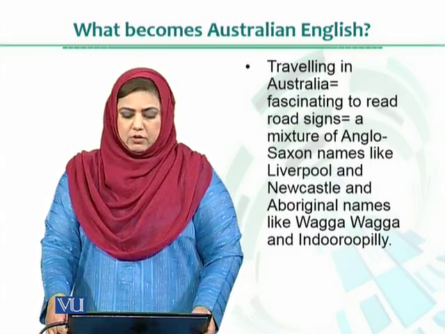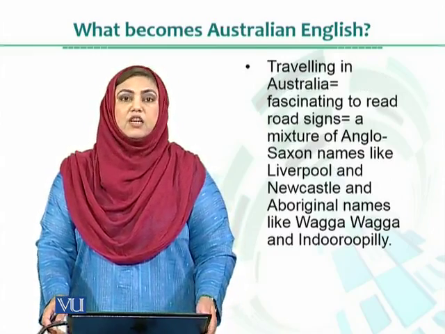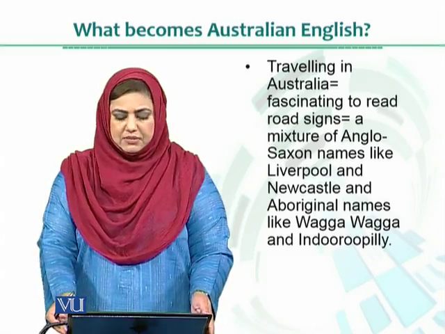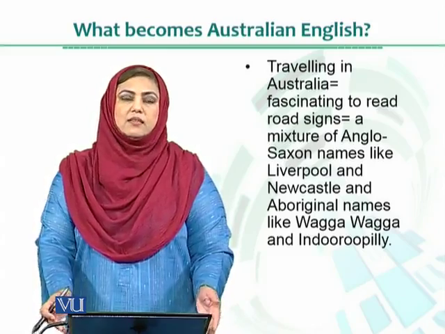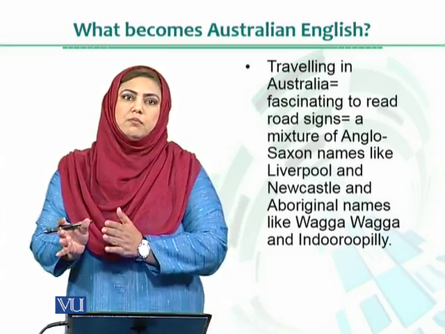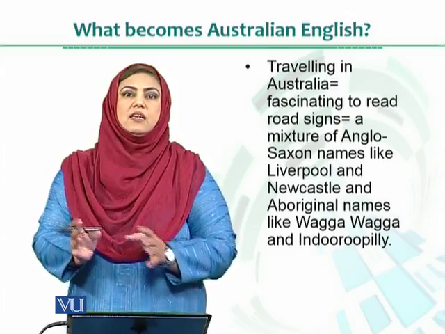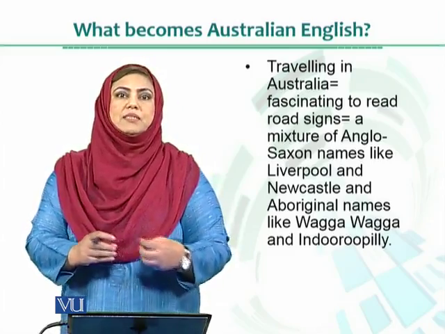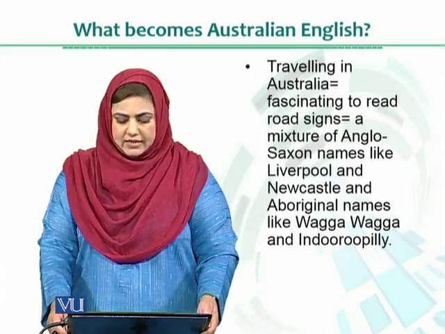If you travel to Australia, it's very fascinating to read the road signs that you would find there, because these road signs are a mixture of Anglo-Saxon names like Liverpool and Newcastle, because people from Britain went to Australia and got settled there. So, of course, they took with them English and they took with them names that they preferred to name the roads or areas there.